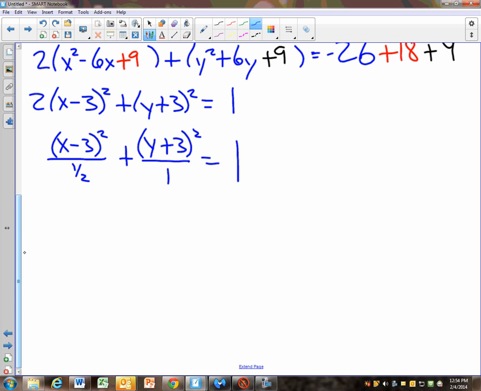So is this stretched more horizontally or vertically? Vertically, because the bigger number is under y. So this is the number 2, right? 2 is the same as 1 over a half.